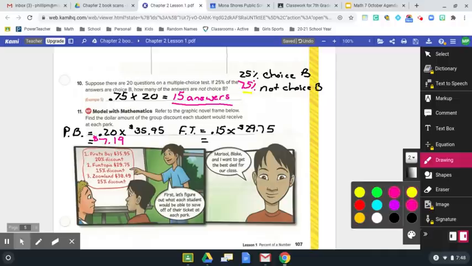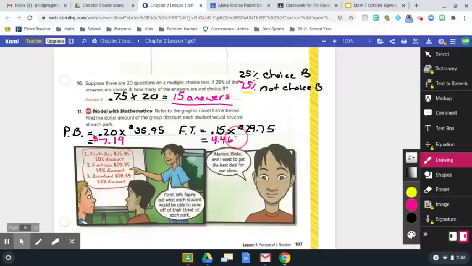Now on this one, you get a bigger decimal, and that's okay. So let's start by writing that down, 4.4625. Well, we can't say it's $4 and 4,625 cents, right? That doesn't make sense. So we need to round. So we know our cents have to be in the hundreds. We're going to look at that 2 right there.